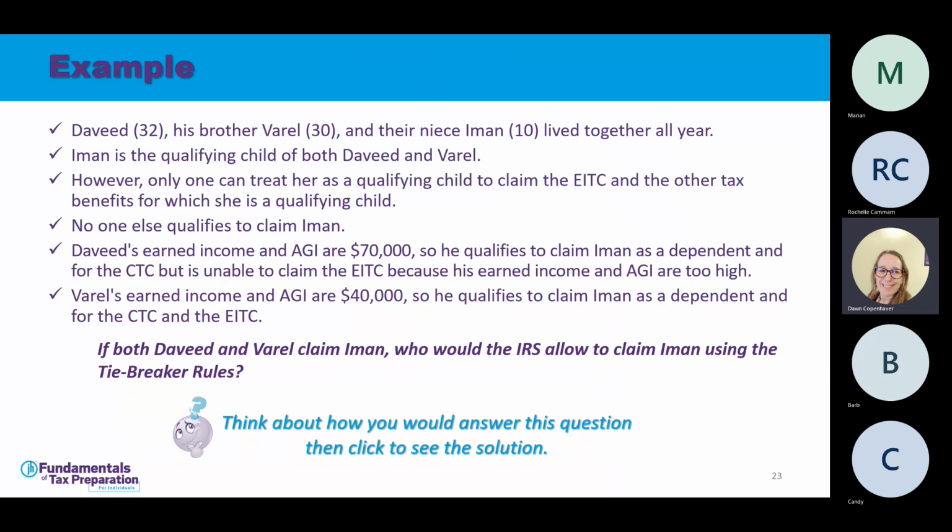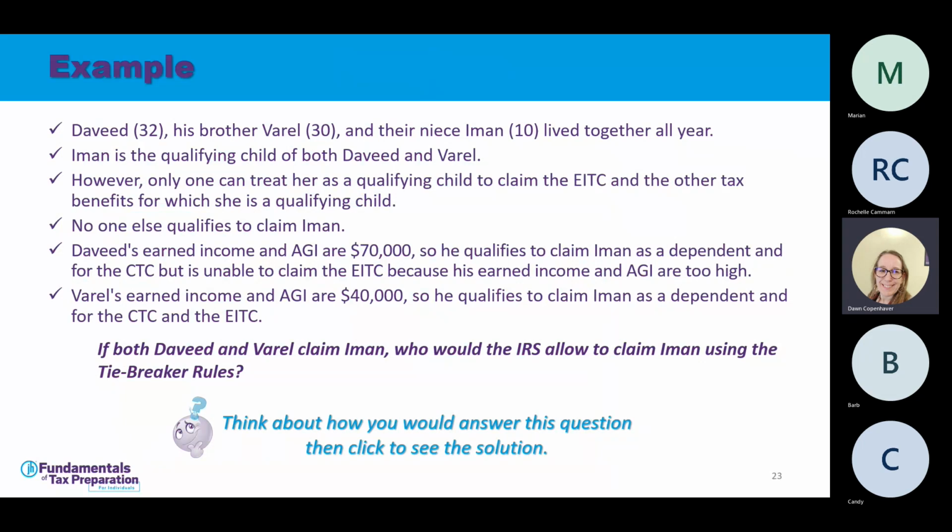Okay, so here's a good example. David and his brother Varel and their niece Iman lived together all year. Iman is the qualifying child of both David and Varel. However, only one of them can have her as a qualifying child for the earned income credit and the other tax benefits for which she is the qualifying child.